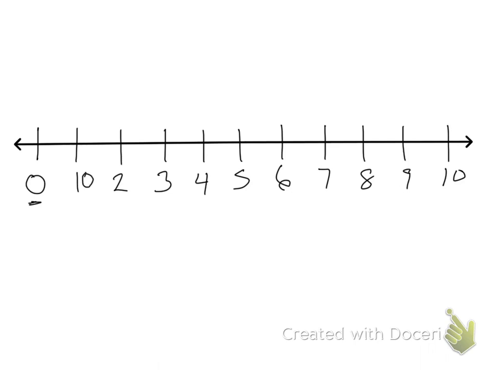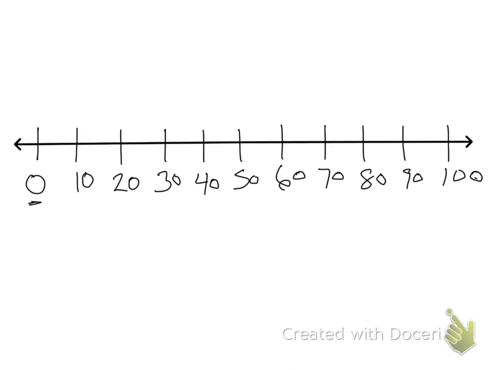So 1 times 10 is 10, 2 times 10 is 20, 30, 40, 50, 60, 70, 80, 90, 100. So now this number line is in the scale of tens because the mark in between each number is 10.